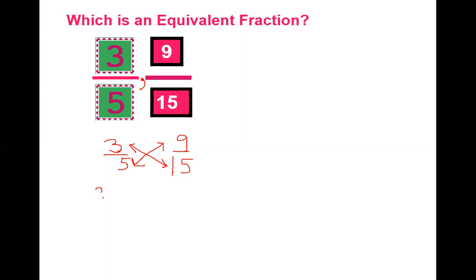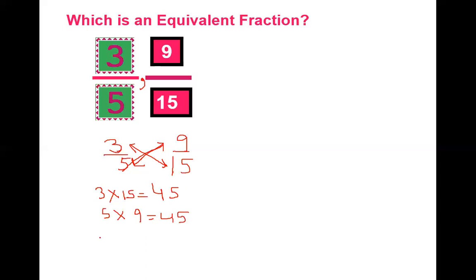So we will multiply 3 into 15, right? This will give you 45, and 5 has to be multiplied by 9. 5 9s are 45.